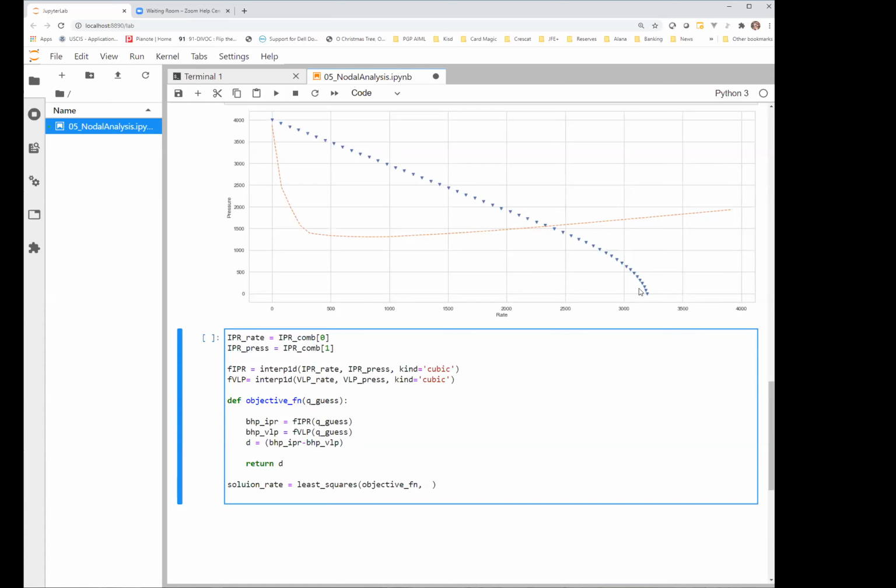You need to make sure that the value we are passing covers both the IPR and the VLP. I normally pass in the maximum rate of the IPR, that for my solution, just graphically inspected, I see it covers both.